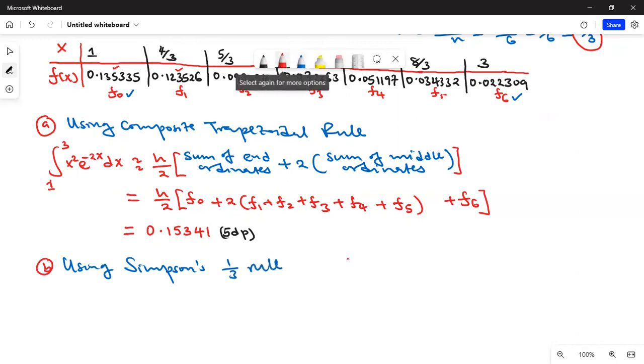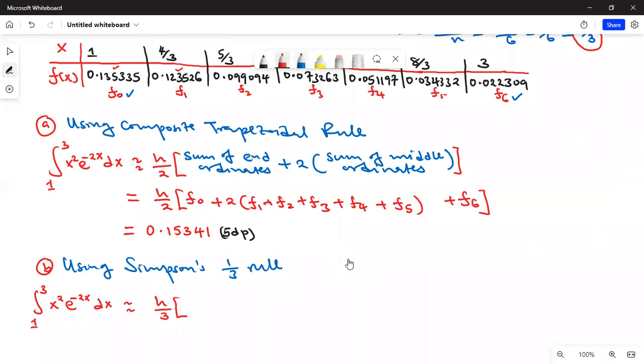So what does it state? That the integral from 1 to 3 of x squared times exponential negative 2x dx is approximately equal to h over 3. That's why we call it 1/3 rule.